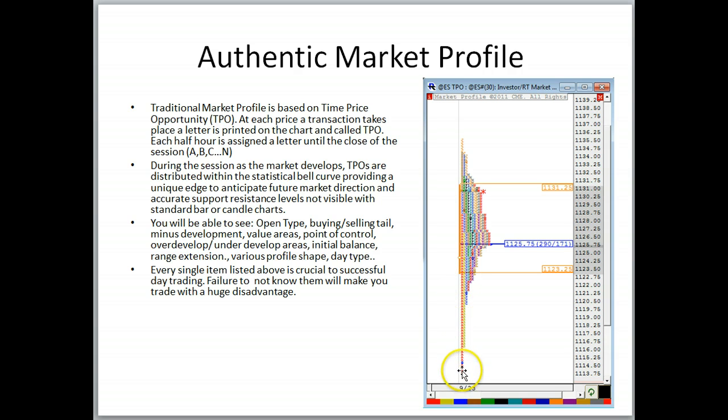Then each half hour has a distinct letter assigned to it. First half hour starts with A. When it's over, then B period will start, then C, etc., all the way to the close, which will have the letter N.